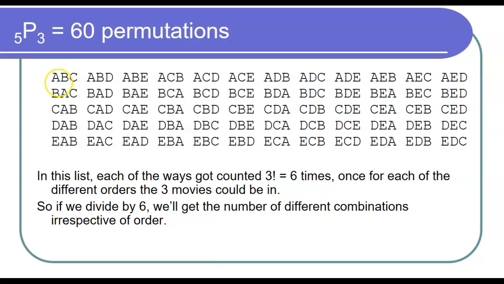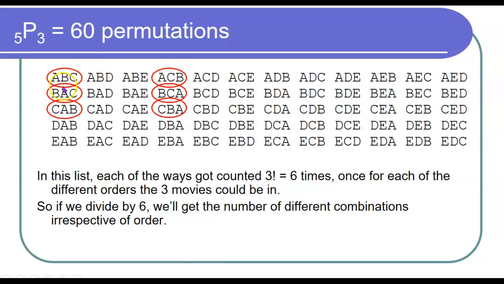But in that list of 60 possibilities, a lot of them were kind of repeats if the order doesn't matter. Like if you watch movie A and then B and then C, that's the same 3 movies as if you watched A and then C and then B, or BAC, or BCA, or CAB, or CBA.